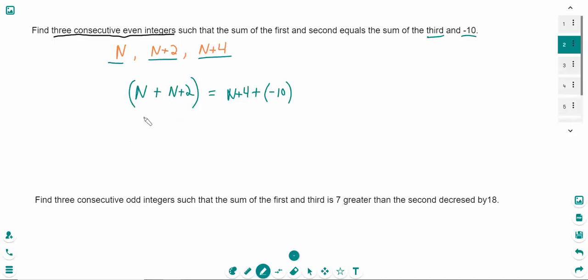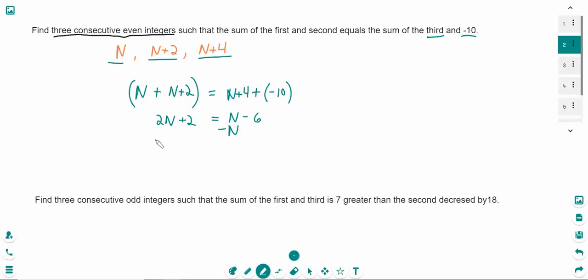So we can drop those parentheses and we can combine like terms here. So n plus n is 2n plus 2 equals, over here, again, we can drop these parentheses. It's all by itself. We're going to have a plus minus, which means a minus. So we're going to end up with n plus 4 minus 10, which is a minus 6, right? All right, now we can get our n's onto one side.